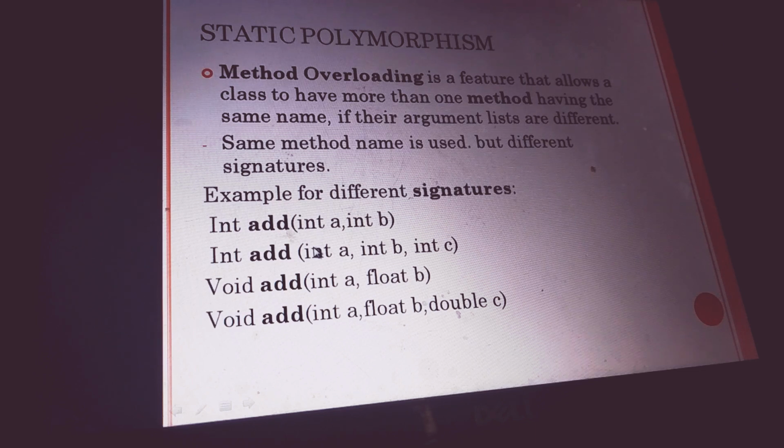Now, another example for signature. Take these two codes: void add int a, float b, then void add int a, float b, double c. The method name is add and two parameters are passed, in different data types.